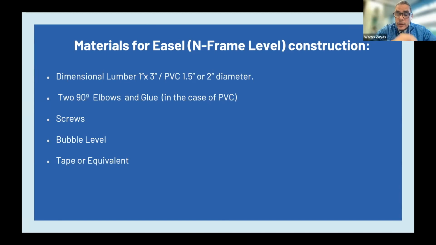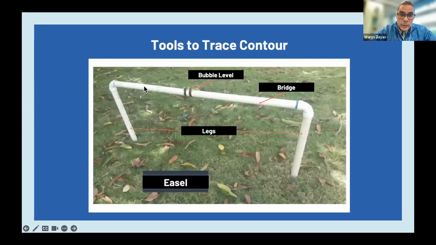In terms of measures, I built mine with a bridge length of about 2 meters and the legs around 90 centimeters in height, because that's the perfect height for me, since I'm around 5'10", 5'11" tall.